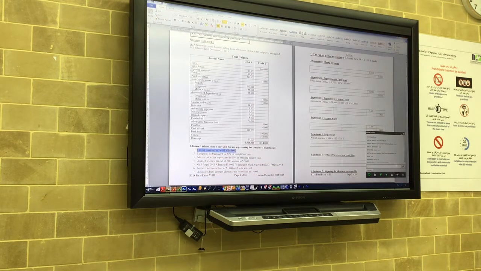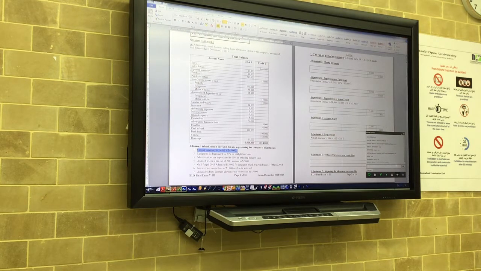Now you will go to the first additional information. He said the closing inventory will be 65,000. So for the adjustment for inventory, on the debit side you will write inventory, balance sheet, and on the credit you will write inventory, where? Income statement.